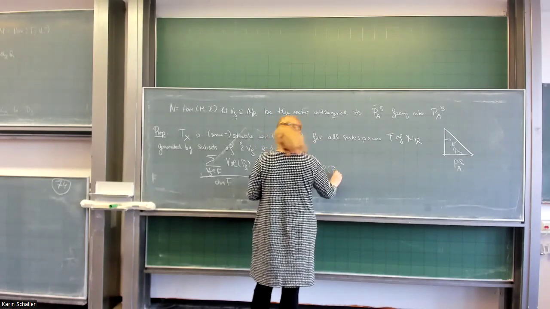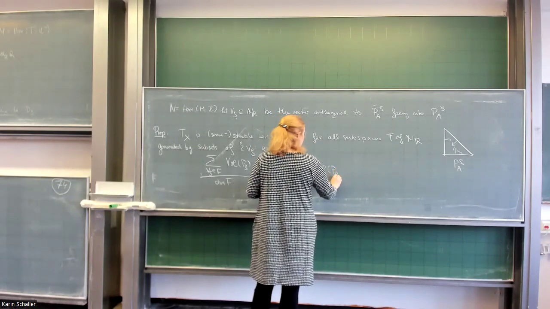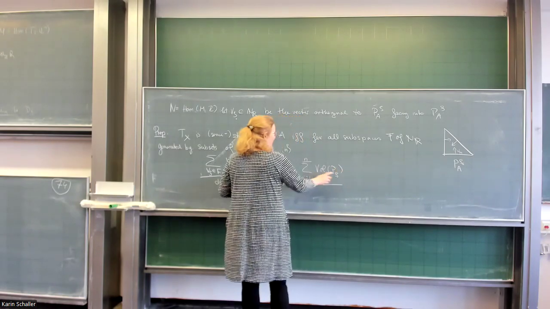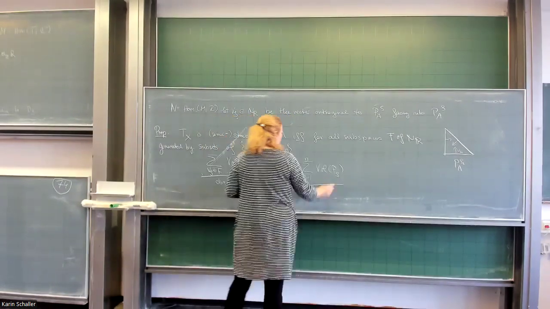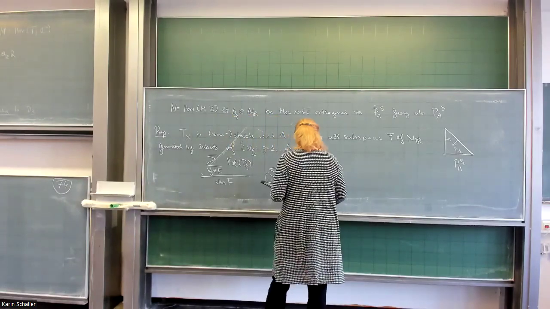So we can take the volume of all the facets. So A is fixed. So this is always with respect to the polytope over dimensions.